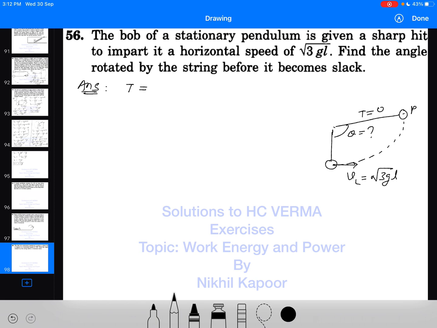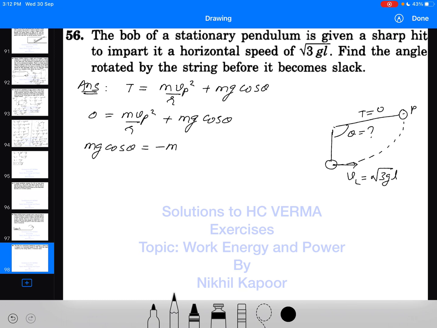Now we know that tension at any position in a vertical circle is given by mv square upon r plus mg cos theta, where v_p is the speed at that general position. When tension becomes 0, mv_p square upon r plus mg cos theta equals 0. So mg cos theta comes on the other side: mg cos theta is equal to minus m v_p square upon r.